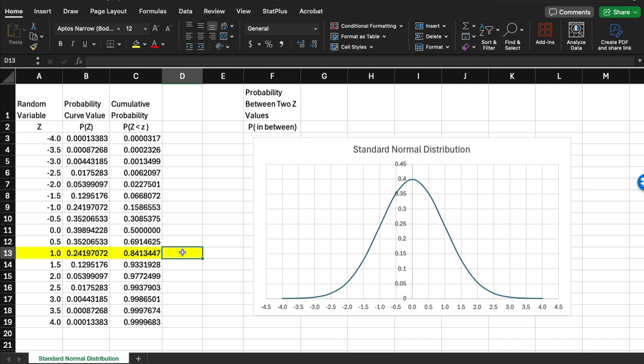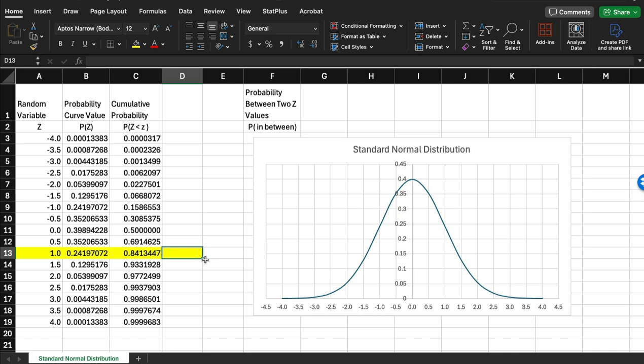Okay. Z-scores are really just measuring distance from the mean. So the probability of being less than 1 standard deviation from the mean is 0.8413. So about 84% of all of your data, if it's normally distributed, is going to be less than positive 1 z-score.